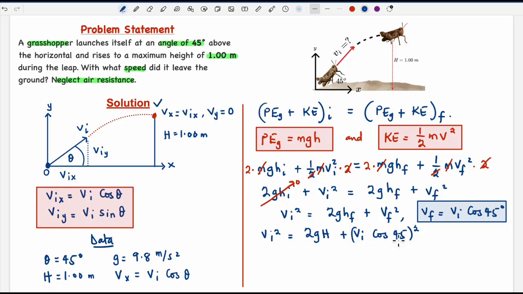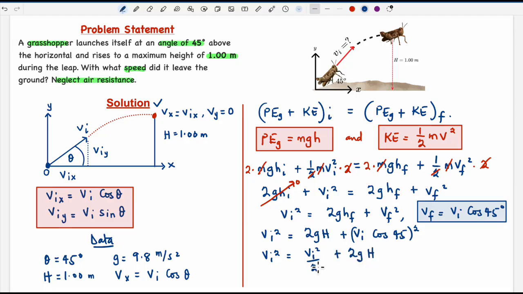Substituting that in gives vi squared equals 2gh plus 1/2 vi squared. Evaluating the cosine of 45, square root of 2 over 2 squared, gives us 1/2, so 1/2 times vi squared gives vi squared over 2, and then plus 2gh.